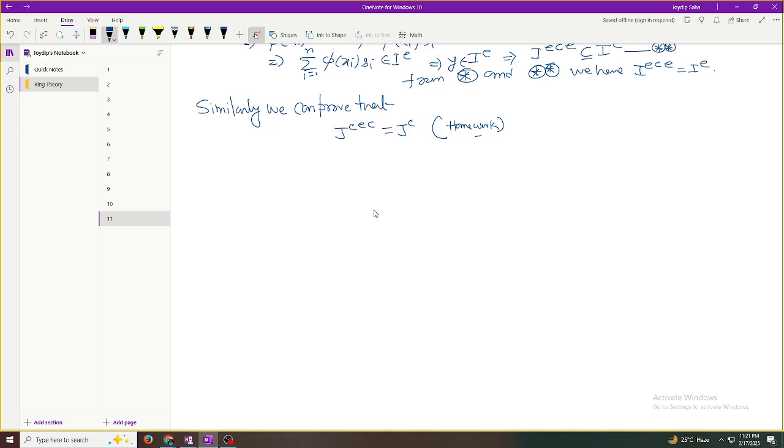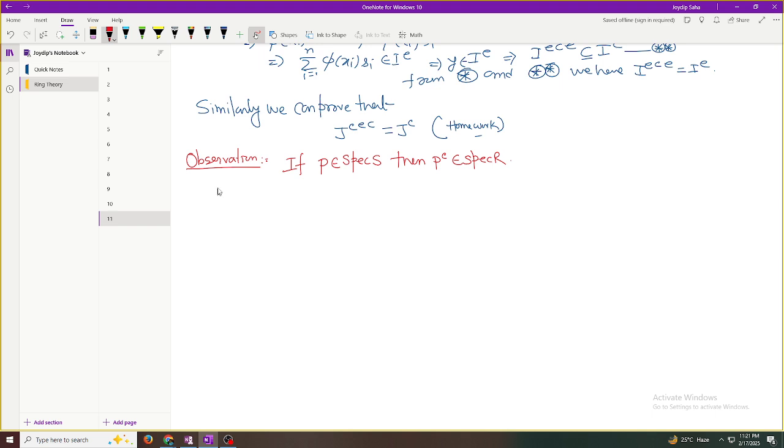Okay. Next observation: if P belongs to Spec S, then P contraction belongs to Spec R. That means if P is a prime ideal, the contraction of a prime ideal is a prime ideal.